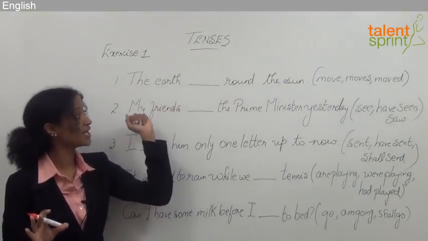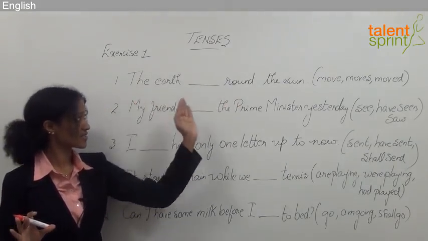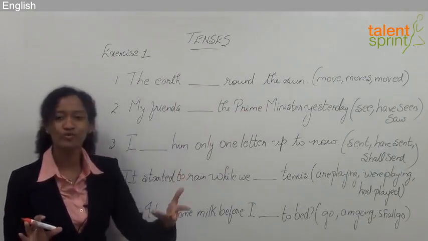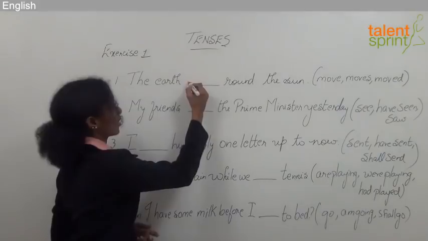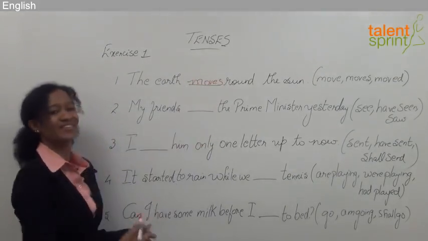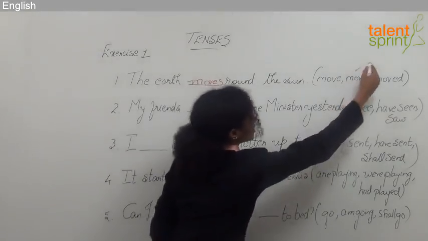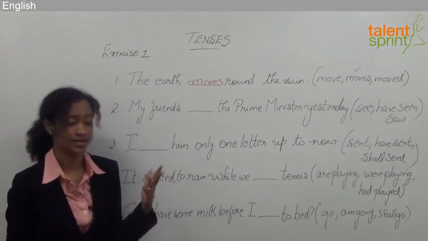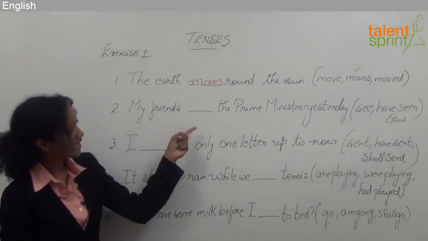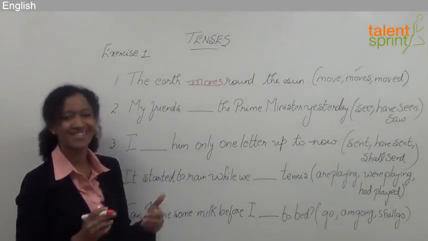It's a simple sentence and this is in the present tense, right? So it, move, moves, or moved. Simple present, it moves. So the earth moves around the sun. Moves is my answer.